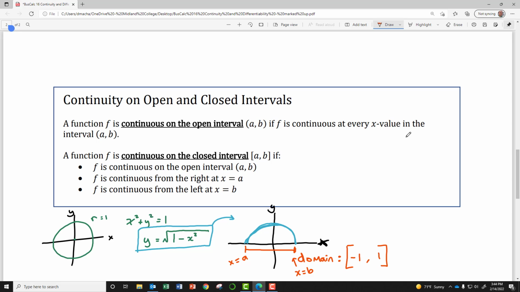And then likewise on the right side, or the upper bound of my domain, if I evaluate f of +1, I get the same value as taking the left-sided limit as x approaches +1. So we would say that this function here is continuous on this closed interval from -1 to +1. Excellent.